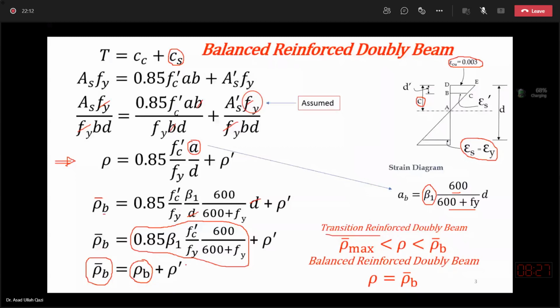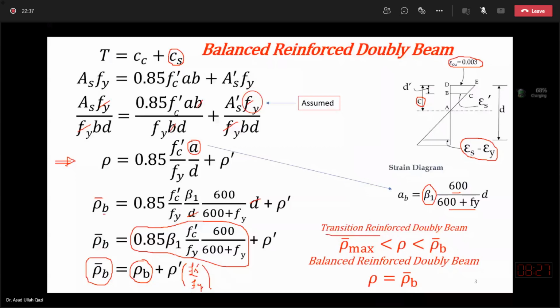But keep in mind that this ratio will be less than 1. So it will further reduce the second component, and rho balanced of case 2 doubly beam will be lower than rho balanced of case 1 doubly beam.